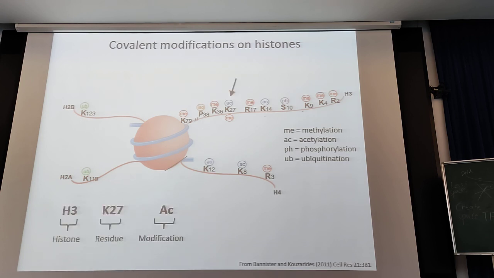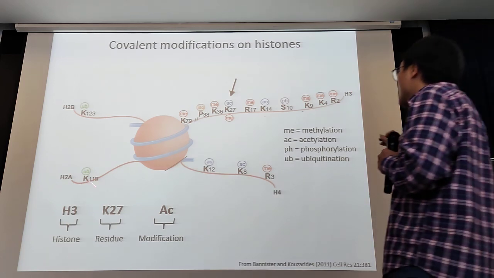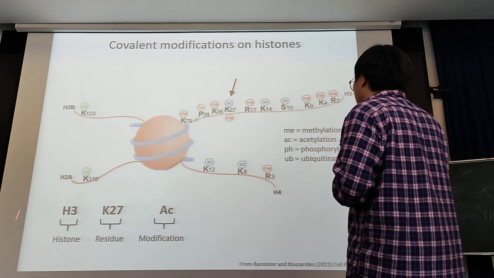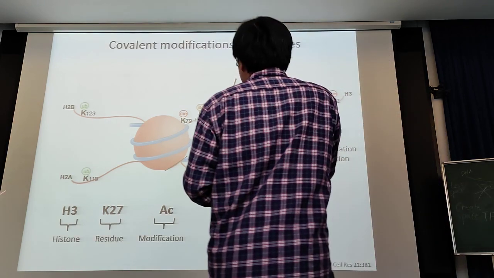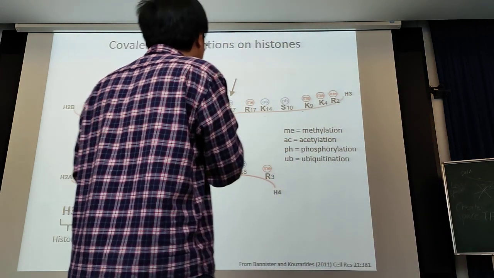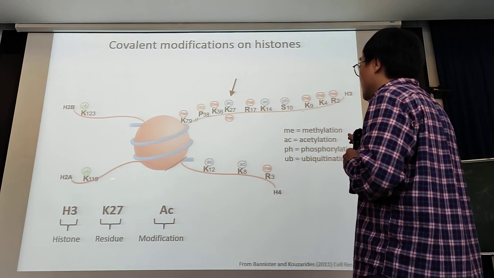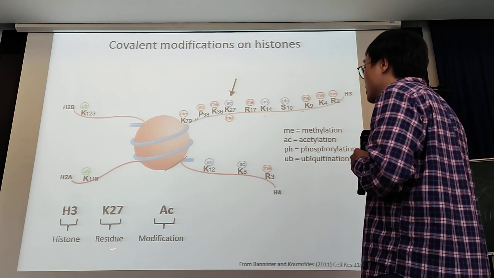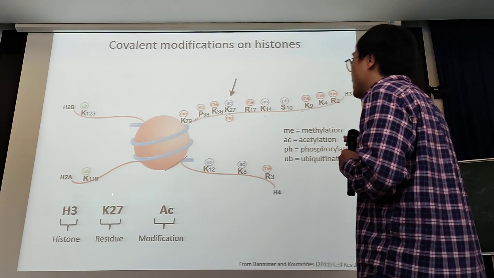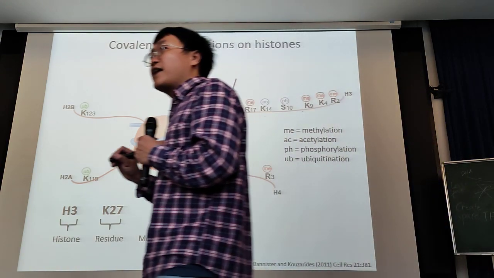So for example, if we have a modification happening here at lysine 27 in the histone tail protein, we'll have the mark, this is the symbol published in 2011, in histone number 3, the amino acid lysine at position 27 is acetylated.